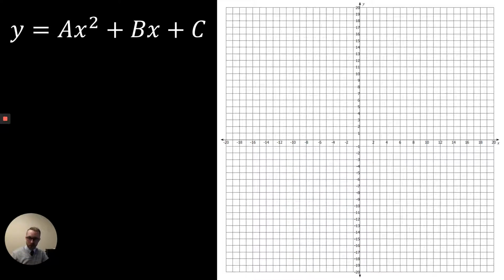solve quadratic functions. And remember, when we're solving a quadratic function, essentially what we're doing is finding the places where it crosses the x-axis, which is usually going to be in two different places. So if my graph looks like this, you see how that curve crosses the x-axis in two different places.